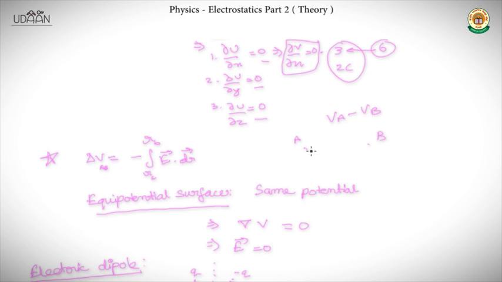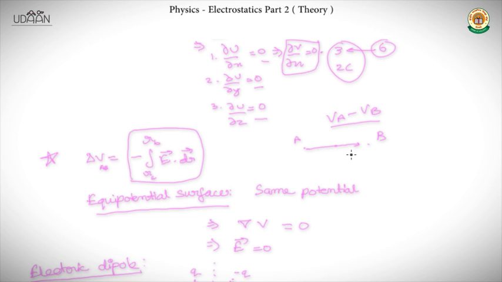So what we need to do is travel along this path and integrate this particular quantity, and we will find the value of VA minus VB. So at a particular point between A and B, we have to use vector E and vector dr at that instant, take the dot product and then integrate it to find VA minus VB.